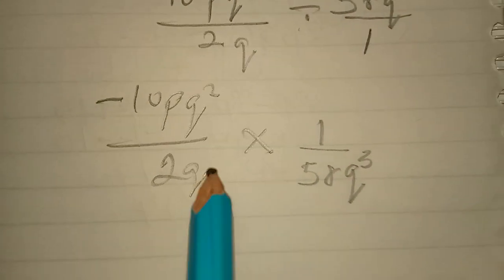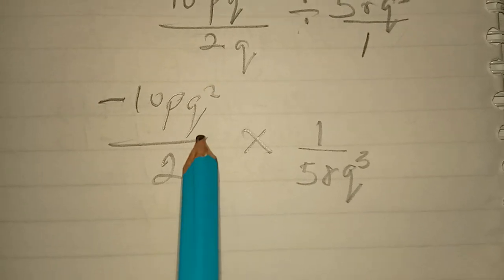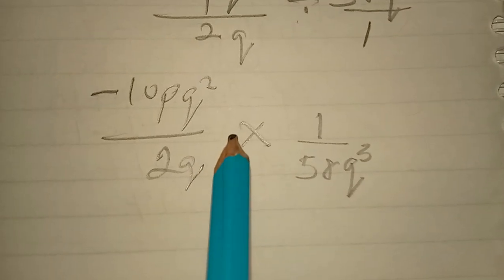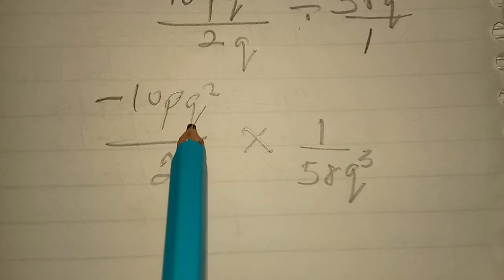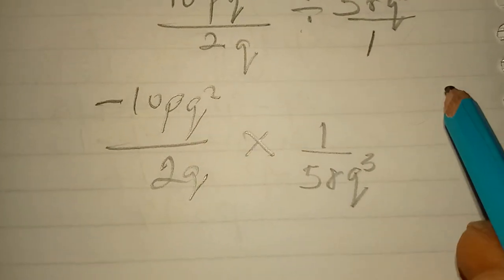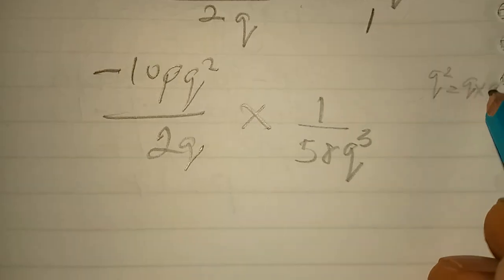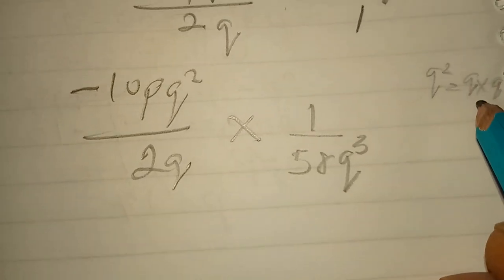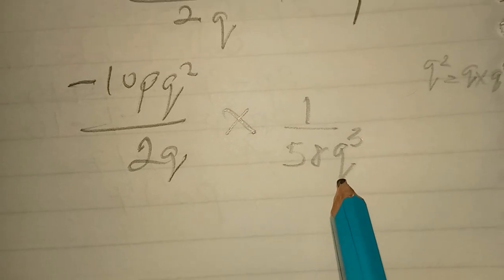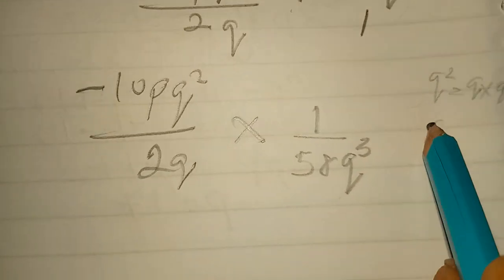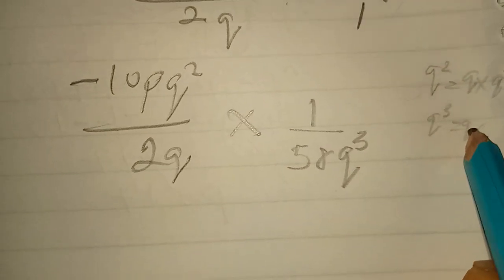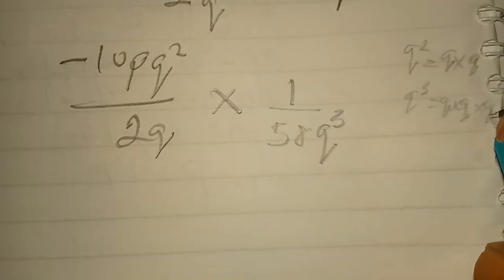Good. And according to the power of indices, q squared is the same as q times q, right? So whenever we have q cube, it's the same as q times q times q.